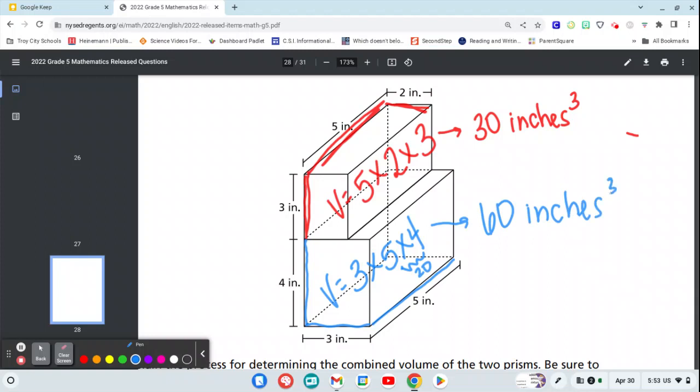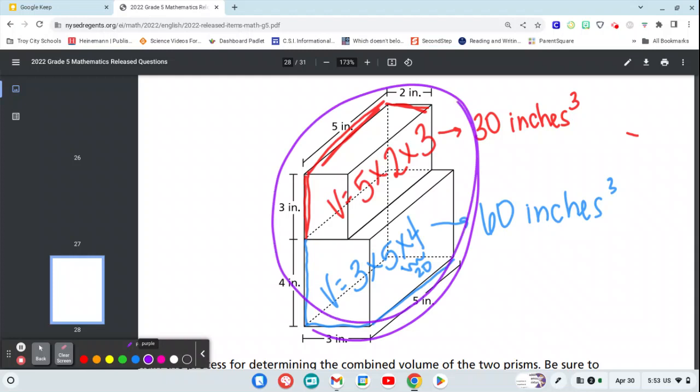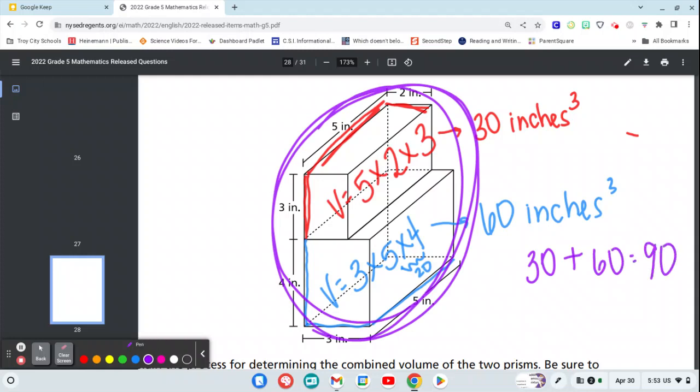In order to determine the volume of the whole figure, we'll add the volume of figure 1 plus the volume of figure 2 to determine that the total volume is 90 cubic inches.